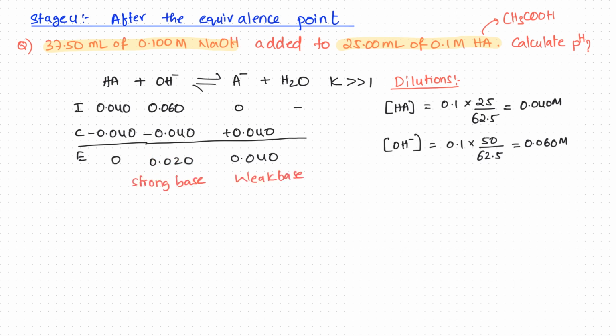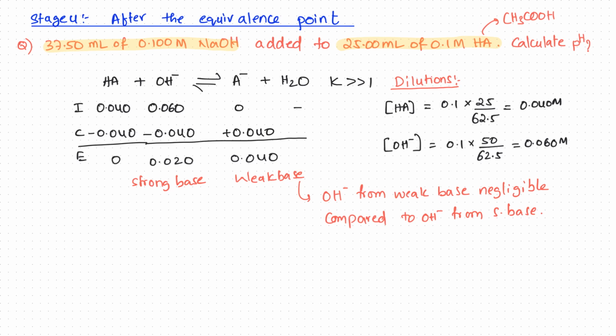When a weak base and a strong base are present in the solution, the pOH of the solution is solely determined by the strong base, because the OH- generated by a weak base is negligible compared to the OH- generated by a strong base.